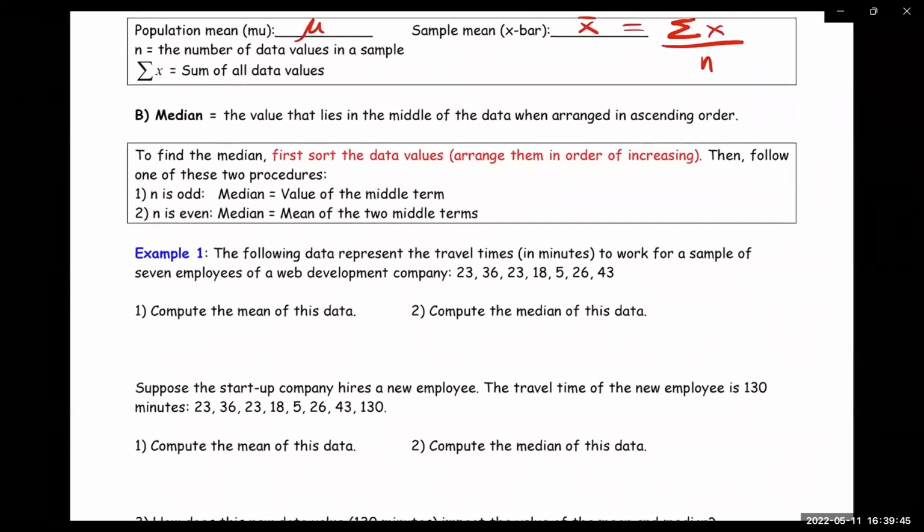All right, the next definition is called the median, and it's a value that lies right in the middle of the data set. But it has to be arranged in ascending order, from smallest to largest, and then you take the one right in the middle. That's called the median.